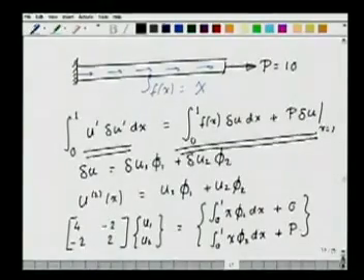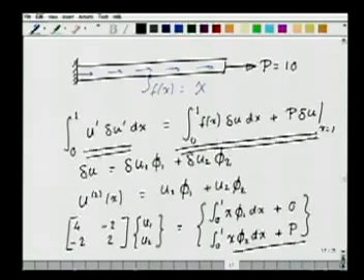Because phi 2 at the point x equal to 1 is equal to 1. So the load vector that we obtain is different from the problem with the concentrated loads that we had taken, but the so-called stiffness matrix that we had defined much earlier remains unchanged.